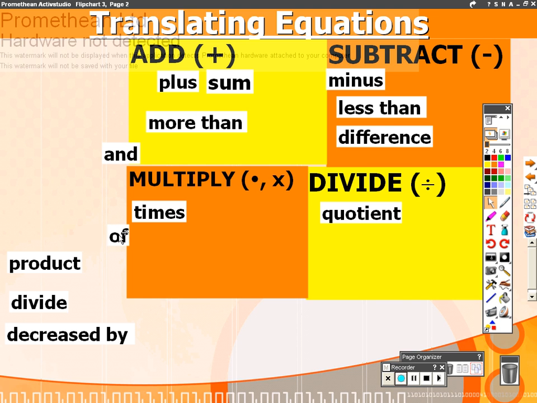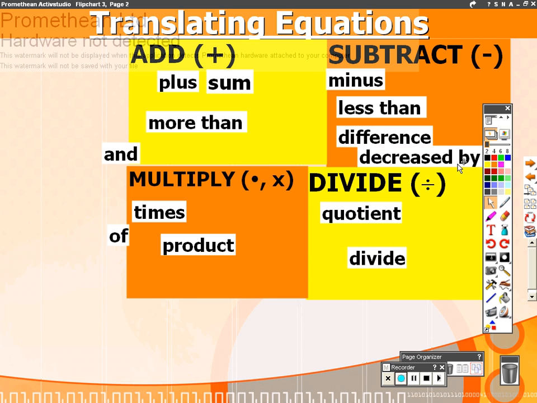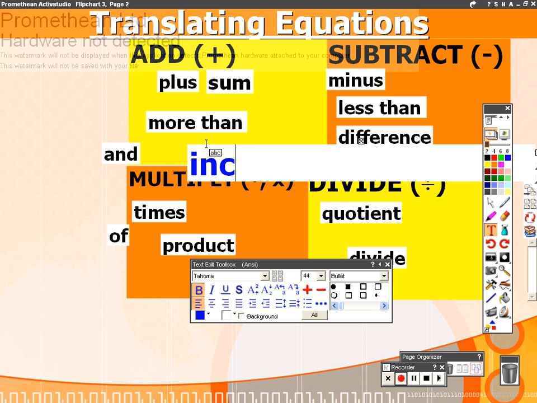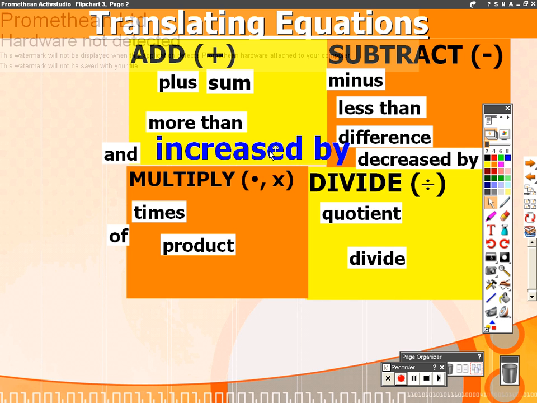Of, we generally see with multiply. Product is the answer to a multiplication problem. Divide, division. And decrease by. Decrease by is subtraction. Now, one that I don't see here that's the opposite of decreased by is increased by. So I'm going to type and add that one, increased by. And increased by is going to go with addition. Okay? Let's move on.